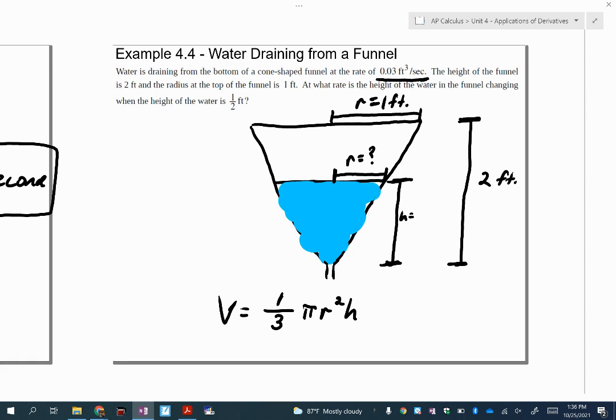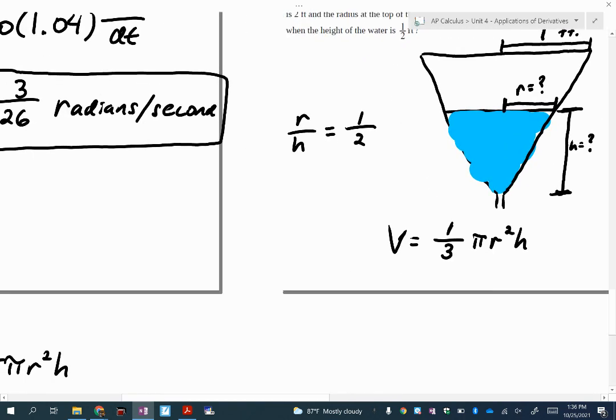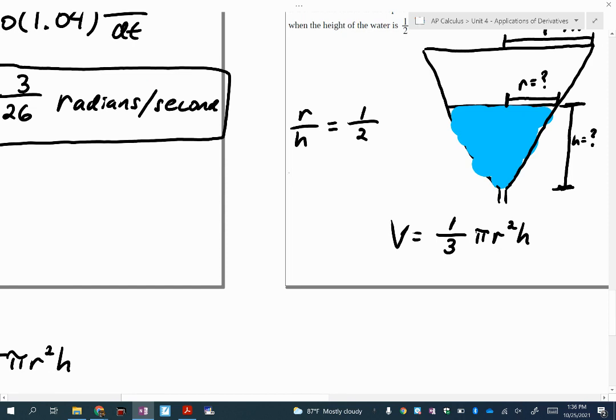So if I have r over h, and I'll make sure you're not confused by my letter r's: r is the radius of the water at a certain spot, and h is the height of the water. We know that's always going to be equal to the fraction 1/2. So if I change r to be by itself and move the h over, that's going to be the same as h over 2.